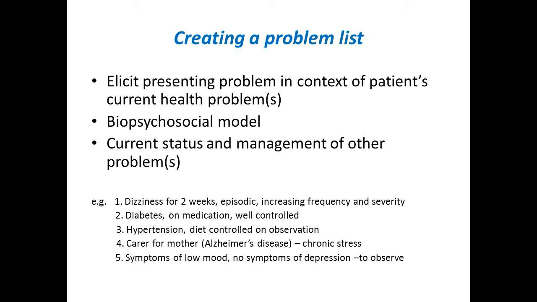Hypertension, diet controlled, on observation. She's also a carer for her mother who has Alzheimer's disease and is undergoing chronic stress symptoms. Also has symptoms of low mood, but there are no symptoms of depression, and therefore we're just continuing observing her because she's at high risk of having depression because of her other comorbidities.